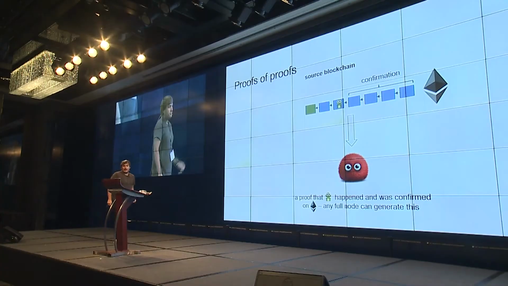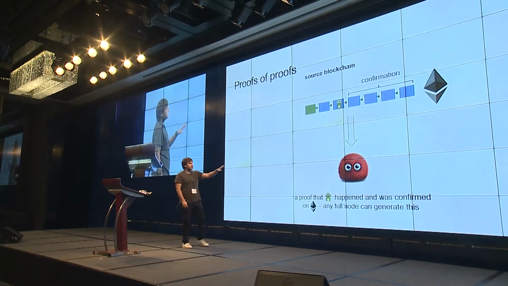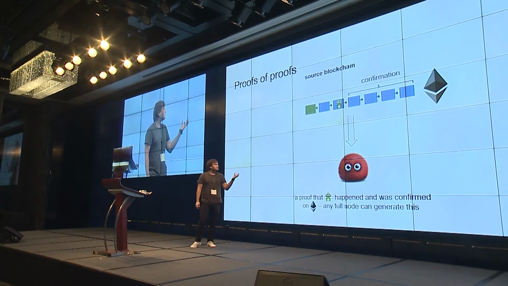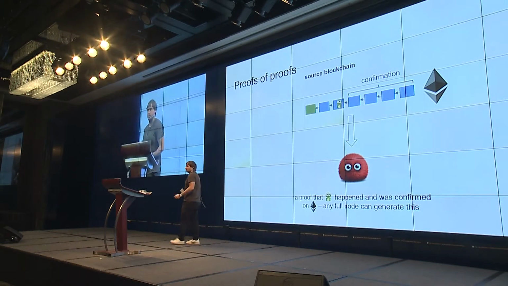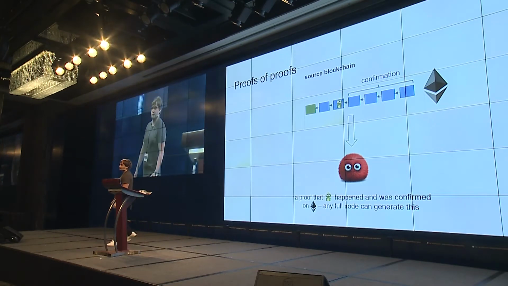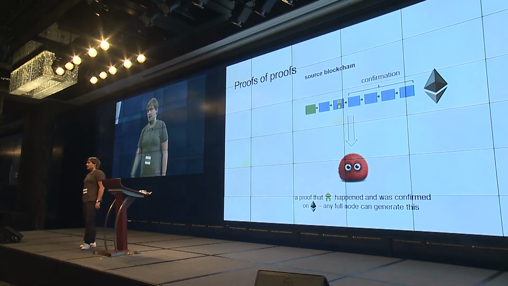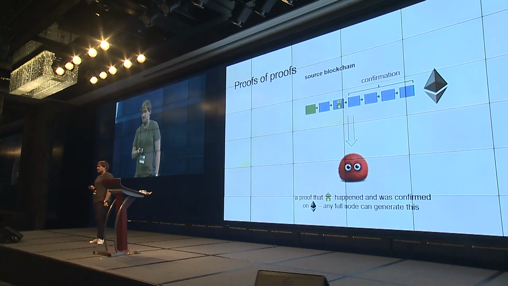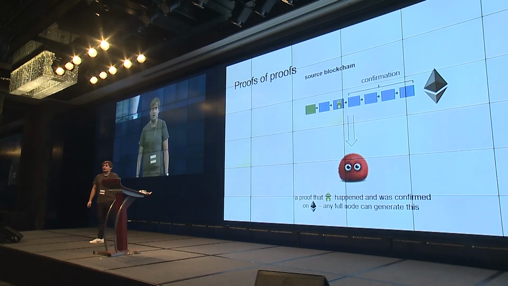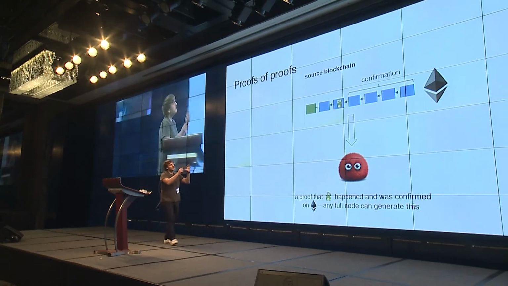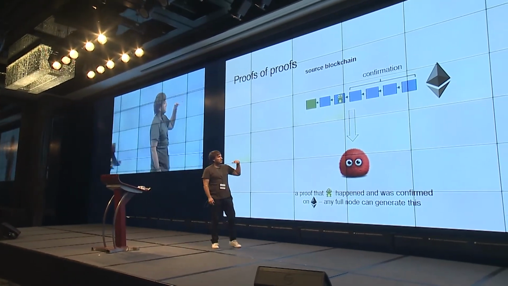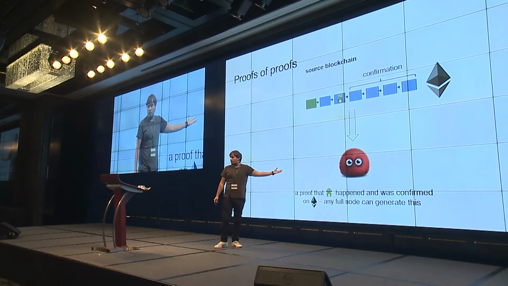So the way we do that is we create these little things that we call proofs of work, or non-interactive proofs of work, which is a primitive that we have invented with my advisor, Aggelos Kiayias, back in Athens, and in a collaboration with Andrew Miller as well. What these do is they take a blockchain, so they can be generated by a full node or an SPV node, and they compress it into a very short string that is just a piece of text.